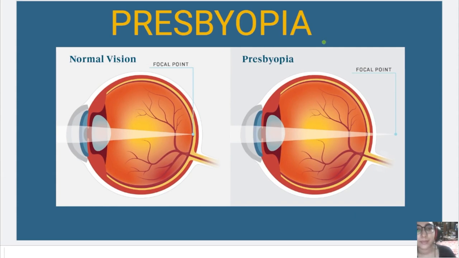Okay. Presbyopia. It is basically a problem of the lens, that the lens sort of loses its ability to focus. Technically it is a problem of the ciliary muscles and the suspensory ligaments attached to it.